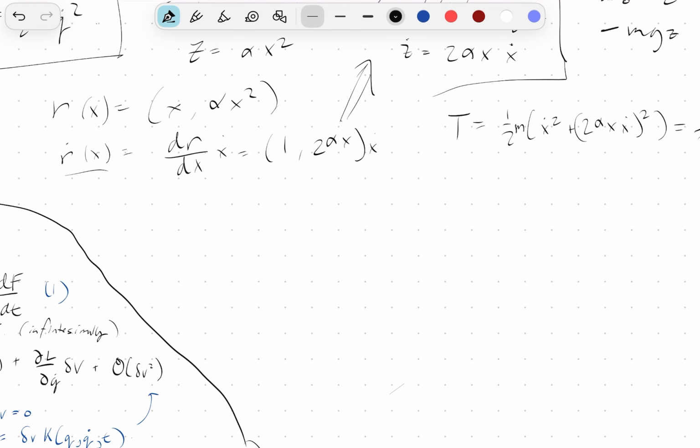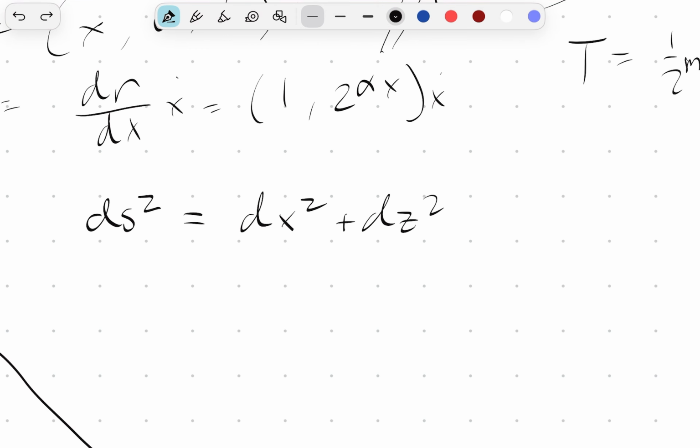Now, the induced metric, what that looks like is, if we have some arc length element that is parameterized, let's just say in Euclidean space, the arc length element would just be this.